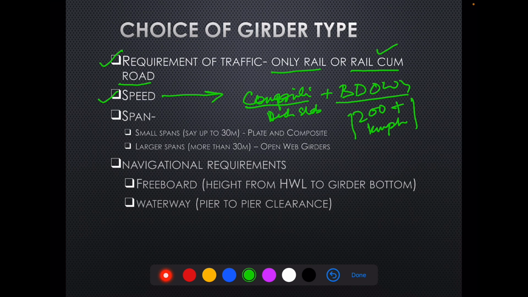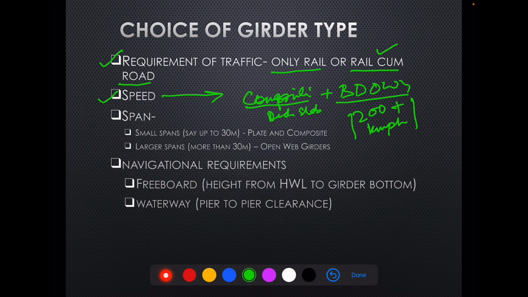So when we say high speed, if we want to design our girder for higher speeds, then it has to be checked for certain parameters which we do not check in design otherwise for lesser speeds, say 160 or 170 kmph. For the lower speeds like 160 kmph or 170 kmph, our static analysis of stress and strain method is sufficient to analyze and design these bridges.